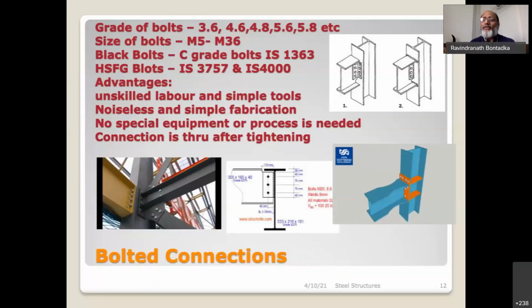You calculate the loads on any member, find out the Z for that section, the section modulus, and get the proper section which has that Z. So your member is designed. But how are we going to connect each and every member? In RCC, we have seen these are all formed together, the concrete is cast and forms an integrated joint. Whereas here we have to create the joint.